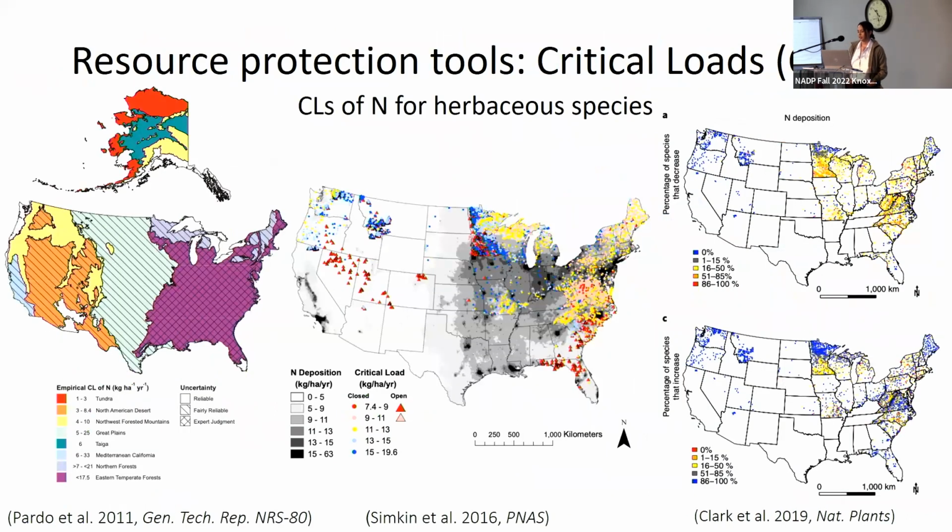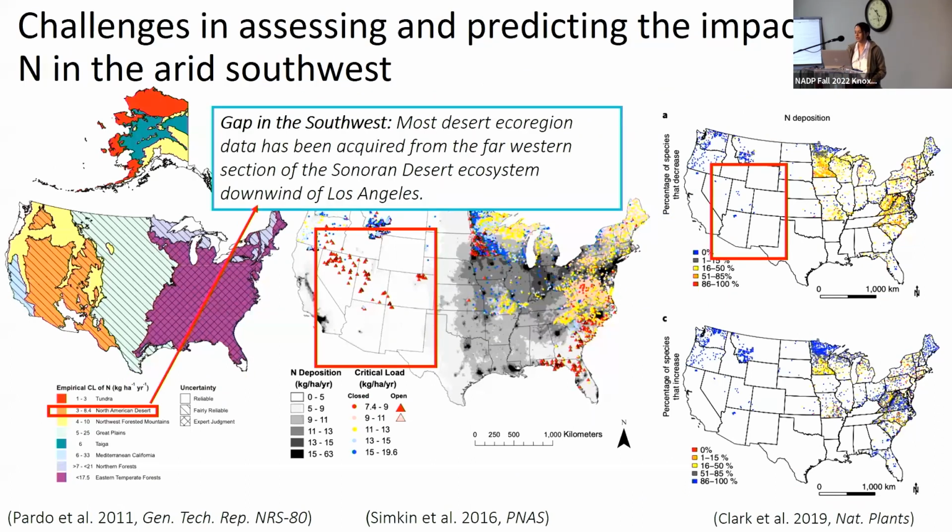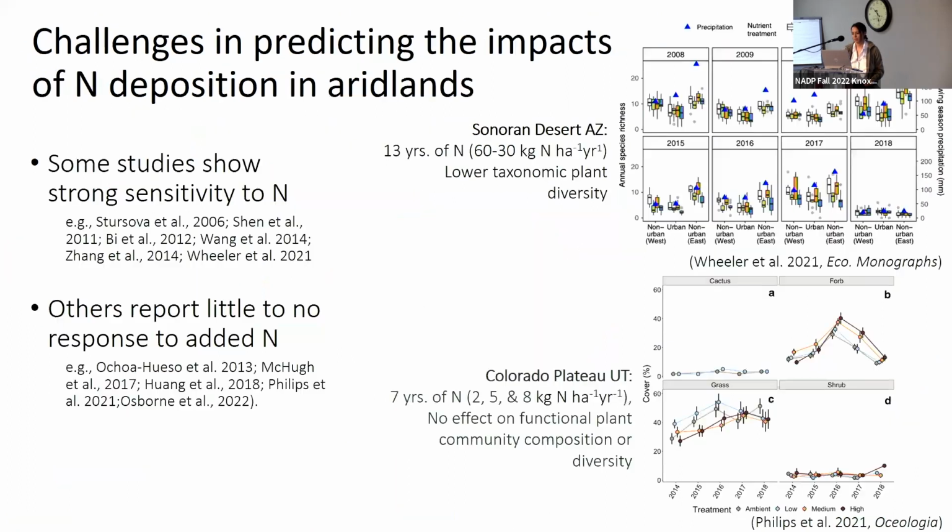Determining the critical loads of nitrogen in ecosystems across the U.S. has been a forefront of research over the past decade. However, there's a clear gap in knowledge in the southwestern part of the U.S., where most of the desert ecoregion data has been acquired from the western section of the Sonoran Desert ecosystem downwind of Los Angeles, which has seen a lot of deposition.